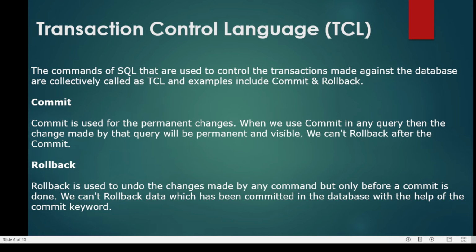And if you made any change and want to revert back to the original state, that is nothing but undo, called rollback. I will discuss in the coming session videos how we can work with commit and rollback, as it is already part of my training program. So this is all about the types of the languages.